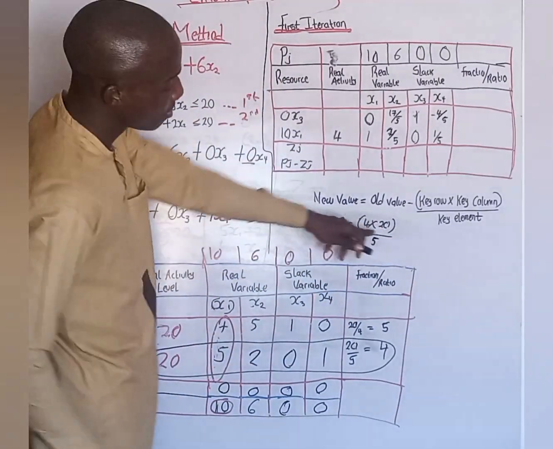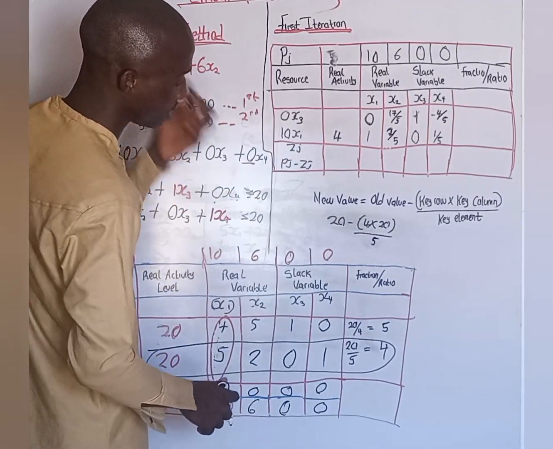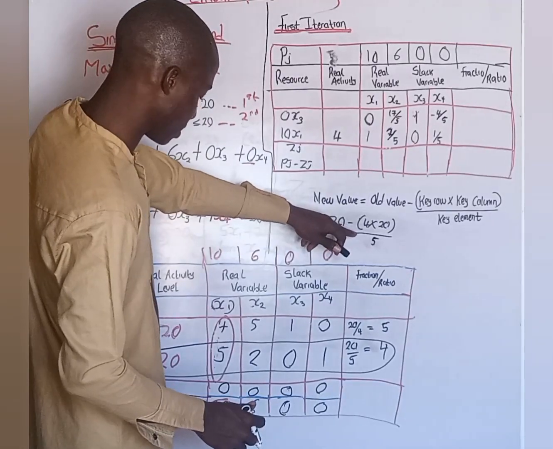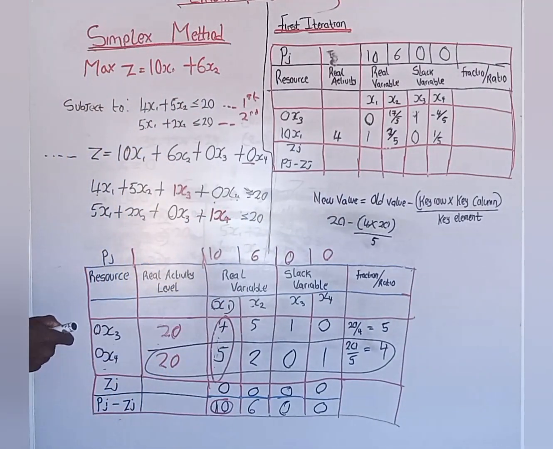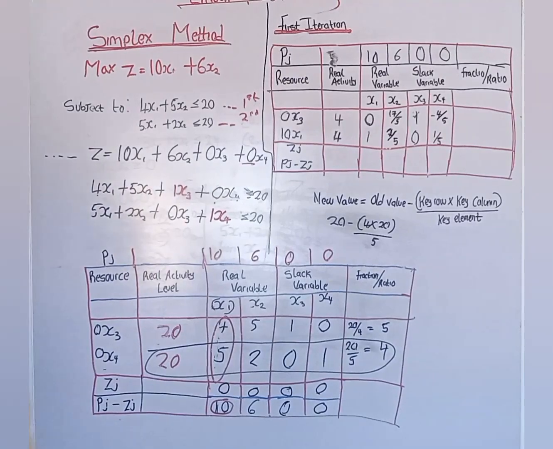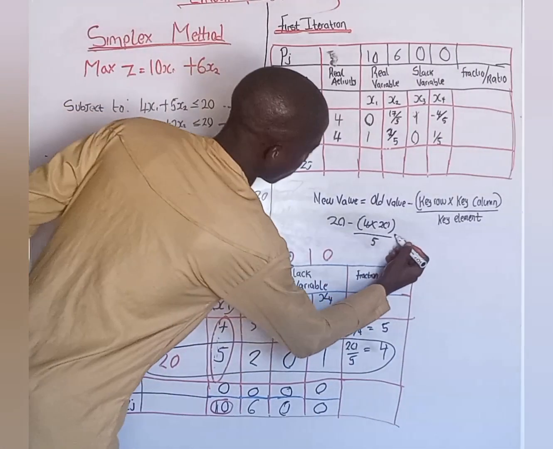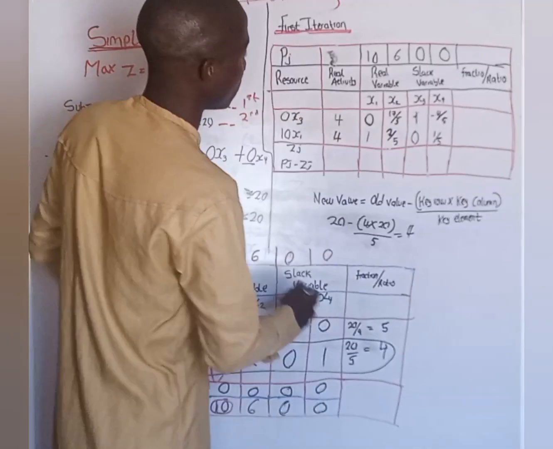So 20 multiplied by 4 will give me 80. 80 divided by 5 will give me 16. 20 minus 16 will be 4. So the new value for this is 4.